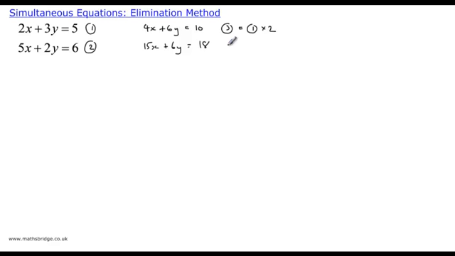And now we can see that the coefficients of y are the same. I can now subtract one from the other to eliminate the variable y.